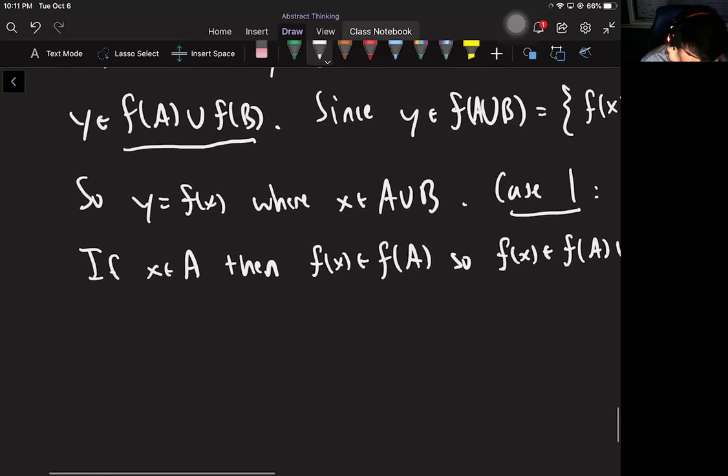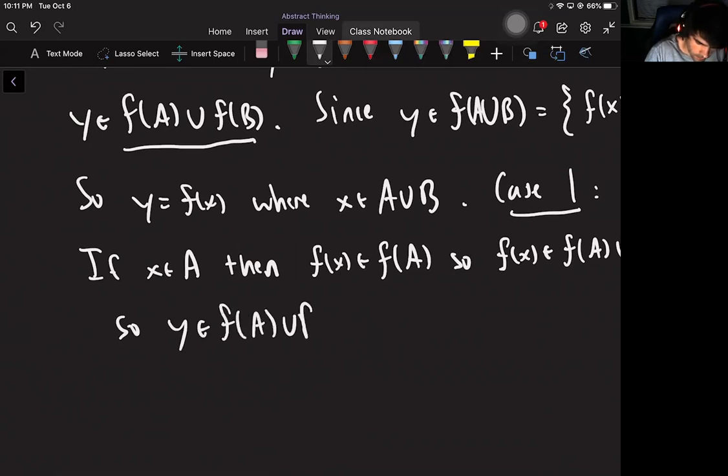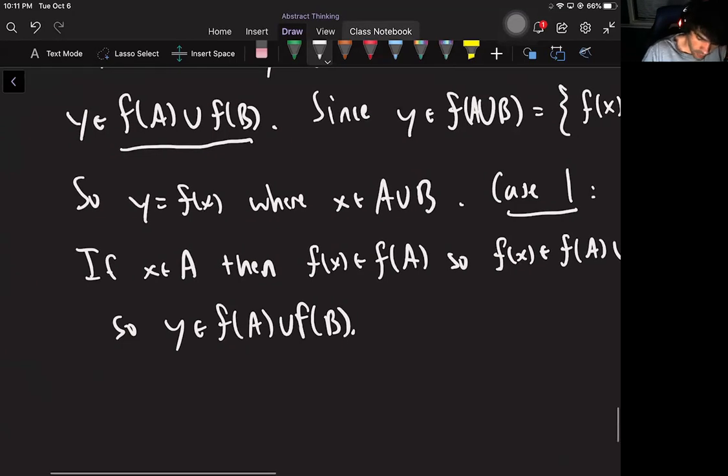So that's true. But that's just y. y is f of x, so y is already in here. So we've shown the proof in the first case.